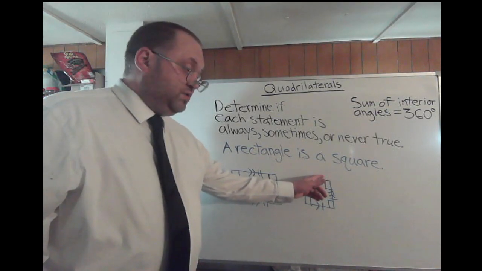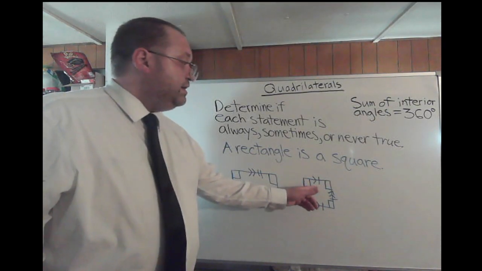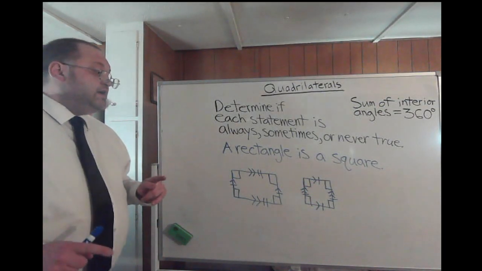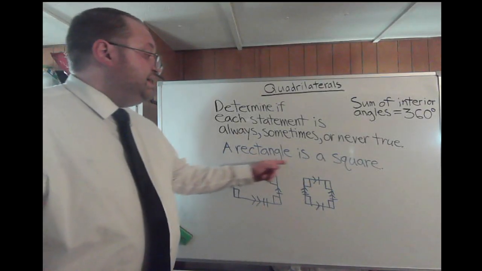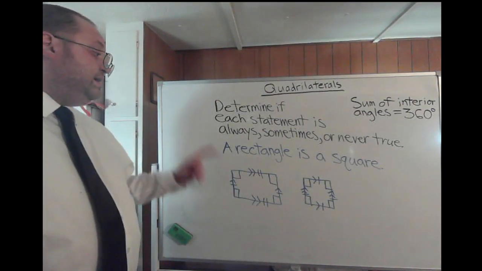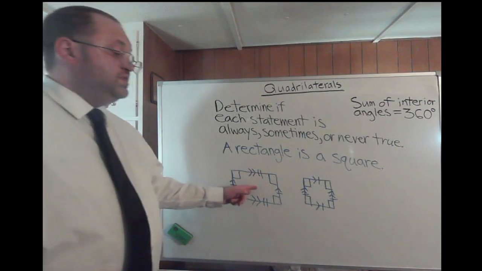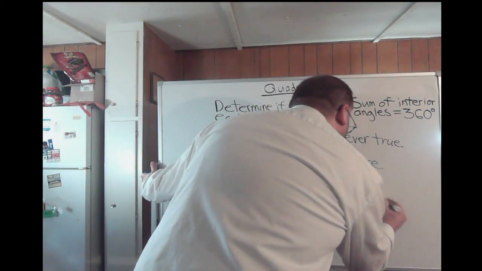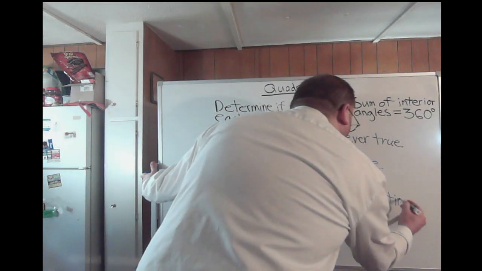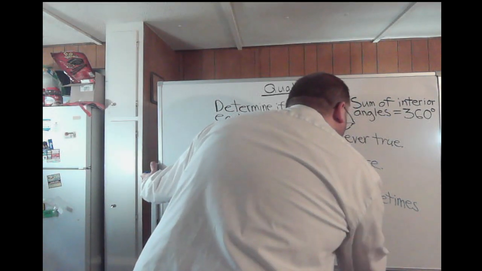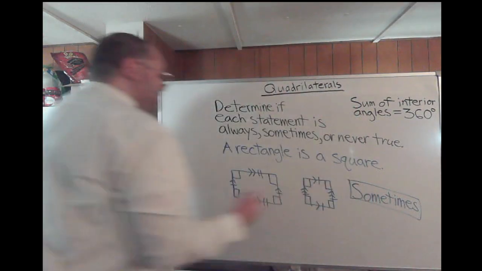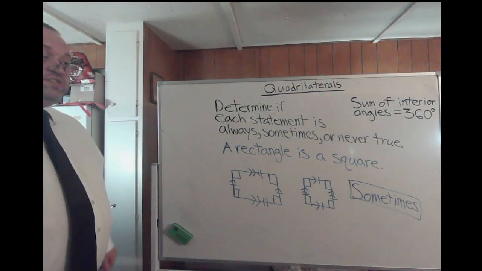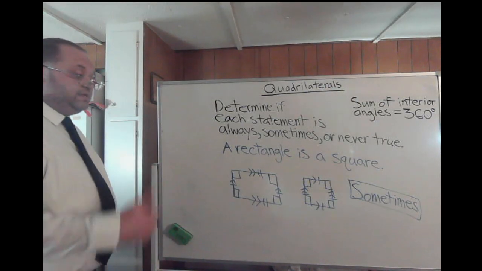In fact, all 4 sides are congruent, and you have right angles. So by definition, a square is a rectangle. That's true. But a rectangle is not necessarily always a square, because you don't have all 4 sides congruent to each other. So this is sometimes true. It's not always true, due to the fact that rectangles don't always have all four sides congruent to each other. That's why it's sometimes true.